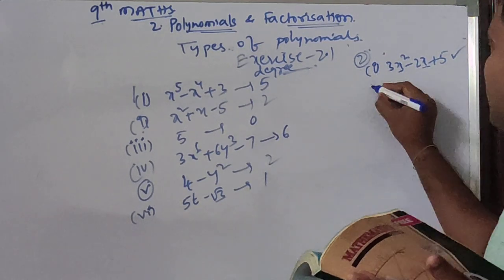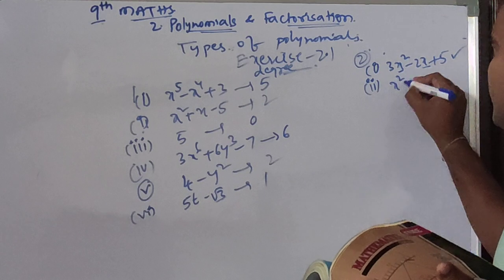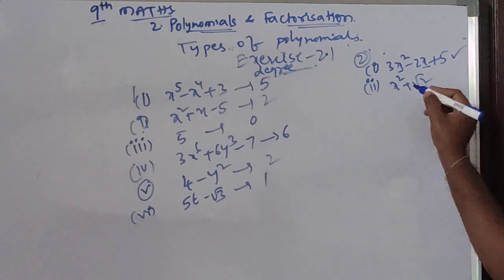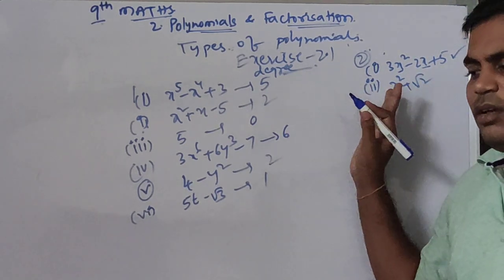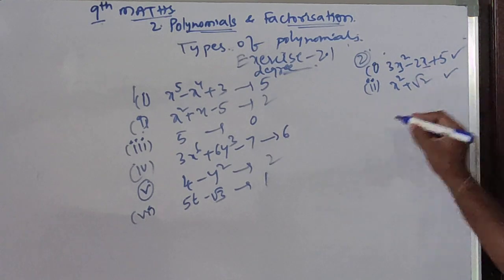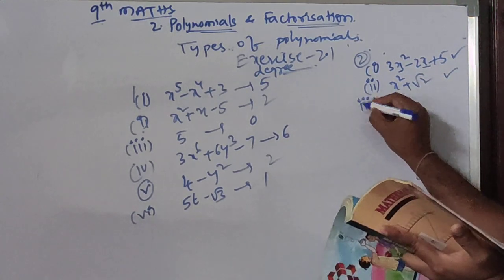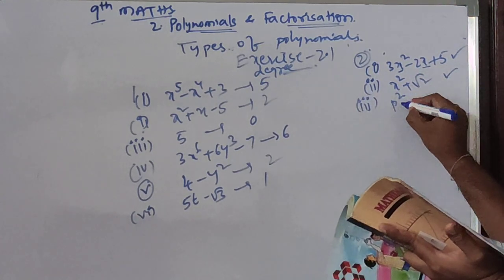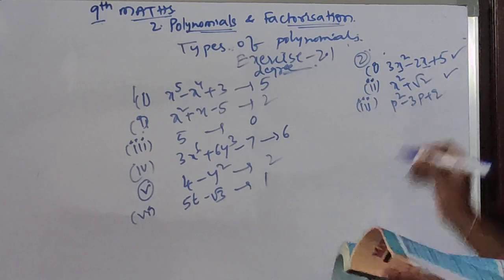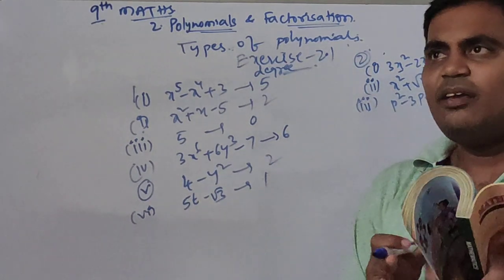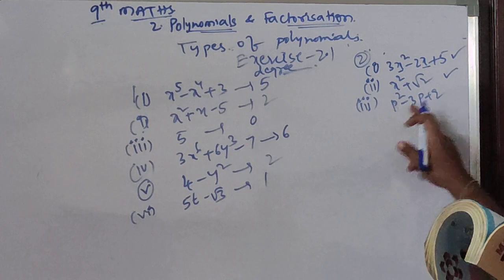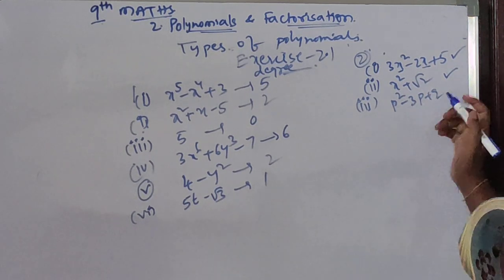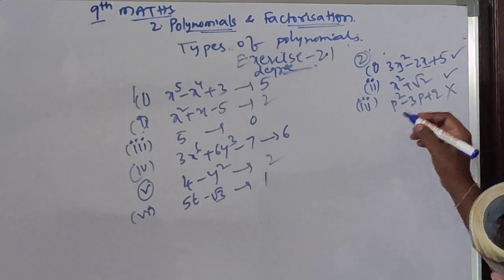Next, x square plus root 2. So here also only x appearing. So it is also a polynomial. Third, p square minus 3p plus q. So here we are having two letters p and q, two variables. So it is not a polynomial.